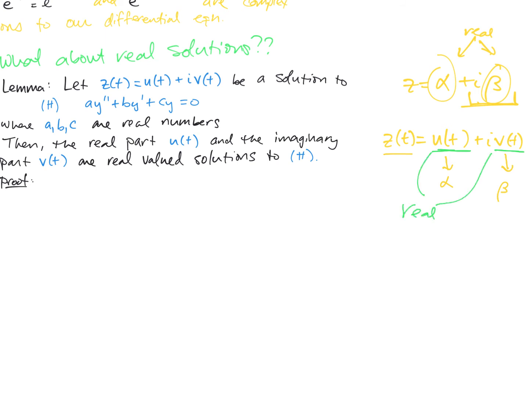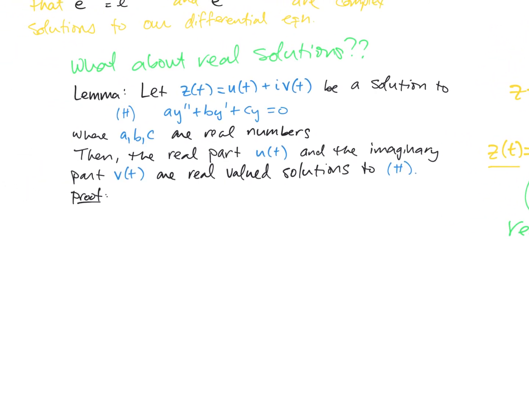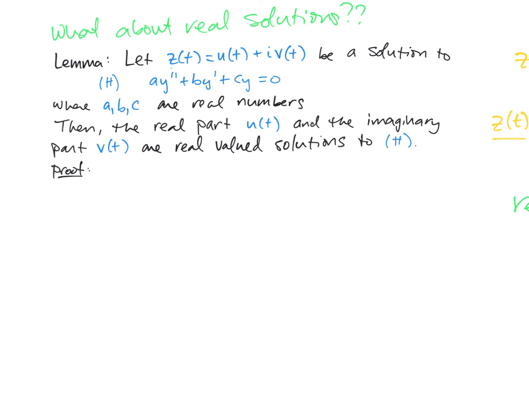Okay, so suppose we have some complex valued function that's got its real part u and its imaginary part v, and that is a complex valued solution to our homogeneous equation H. Then we're going to prove that both of those component parts, u and v, are also real valued solutions to H. And this is actually really simple.